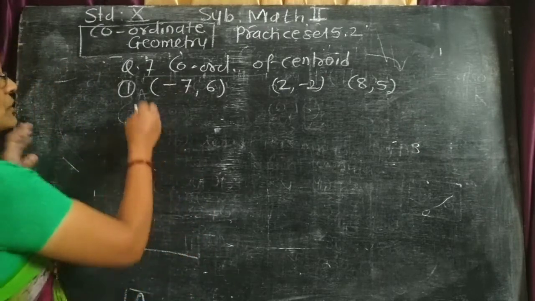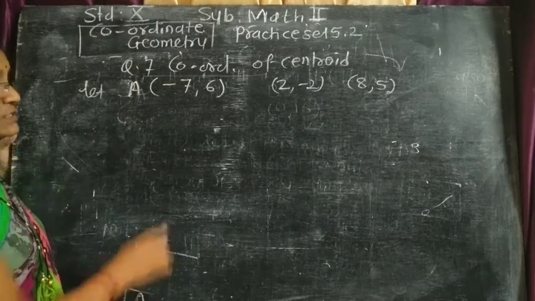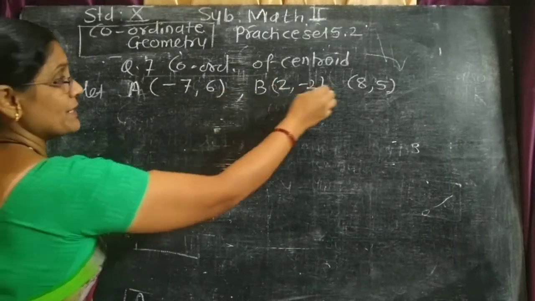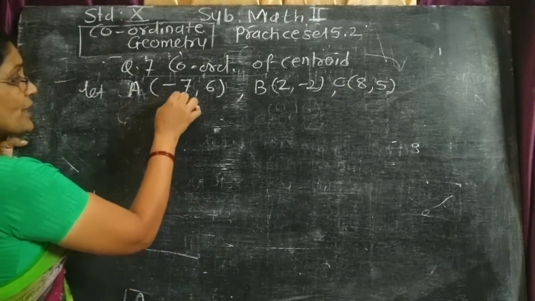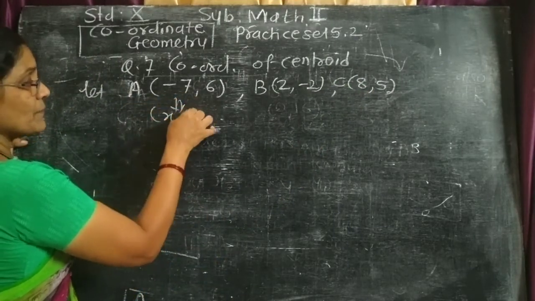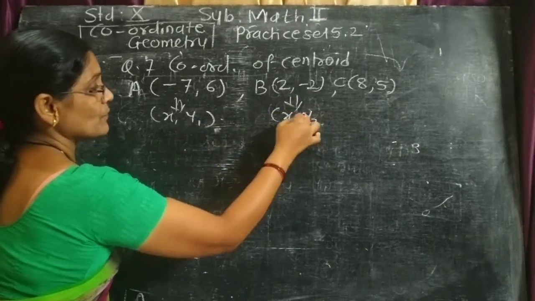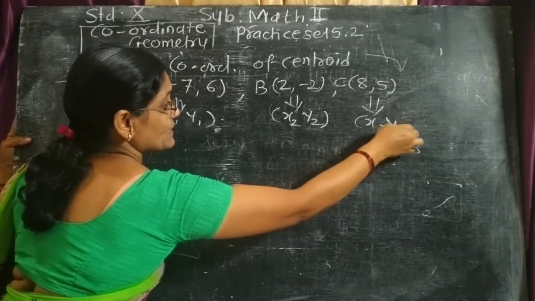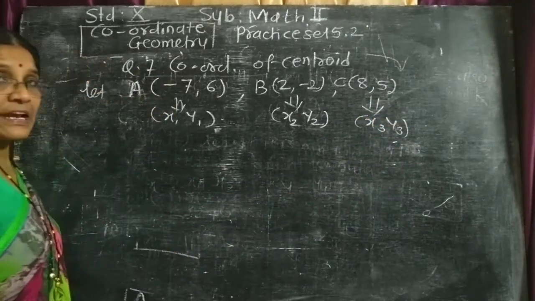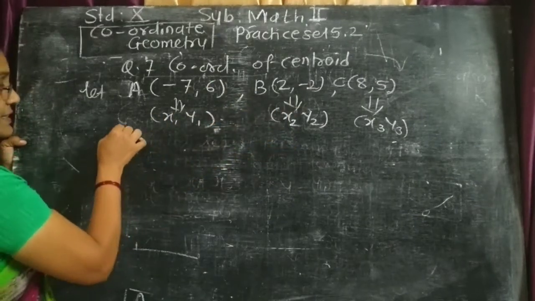Let this point be A, this point B, and this point C. Let this point be x1 y1, this point x2 y2, and this third point x3 y3. Here we can write the values of x1 y1, x2 y2, and x3 y3.